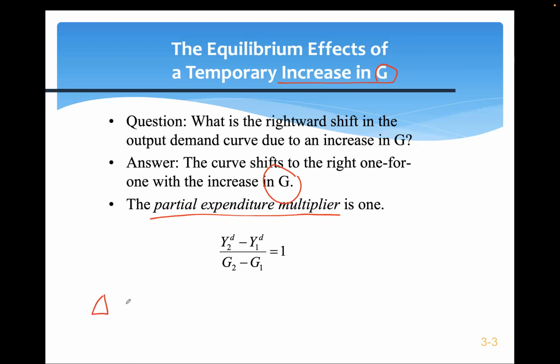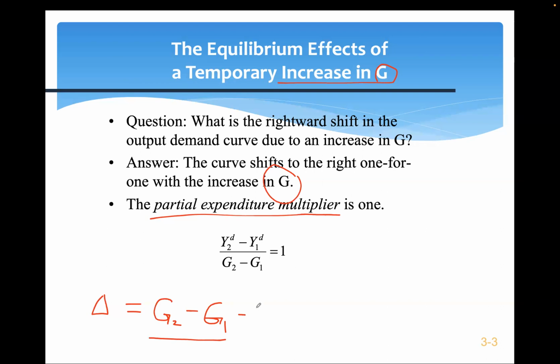Then delta is going to come from the following sources. Number one, you have G2 minus G1. Remember, this is G increasing from G1 to G2. First, because G is part of GDP, the increase in G immediately enters aggregate demand, or GDP. But G usually comes with some cost.